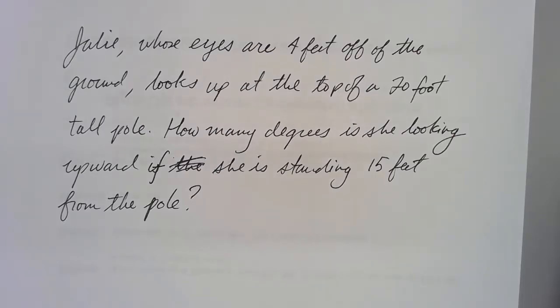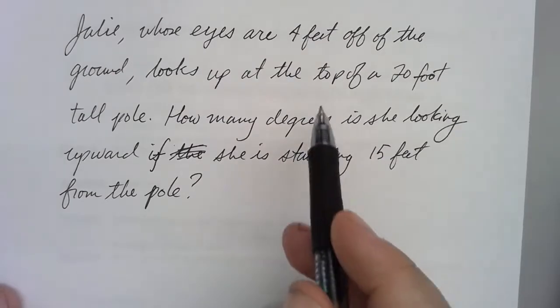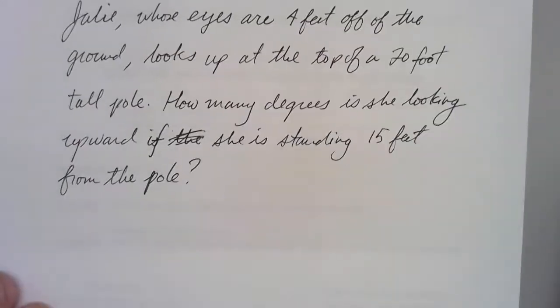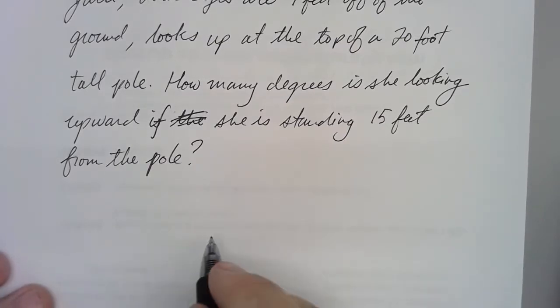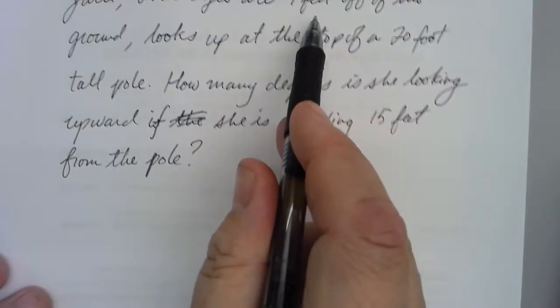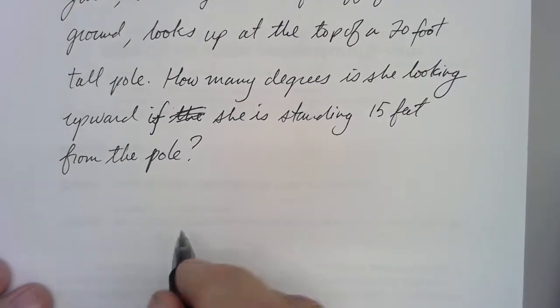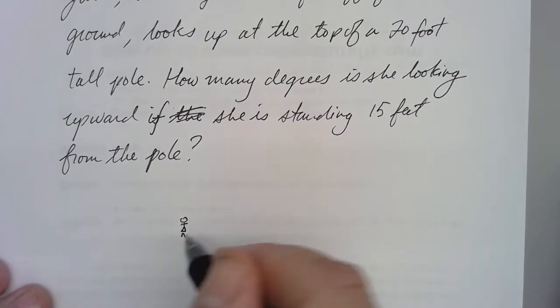So again, I'm going to start with the sketch. We have Julie. I like to put my things that are looking on the left for some reason. So Julie, who's only 4 feet tall, or at least her eyes are 4 feet off the ground. So she's over here. Here's my stick figure girl. Give her some arms.